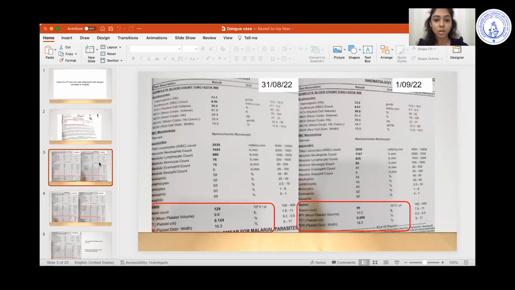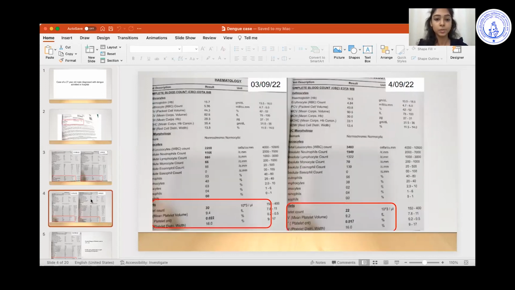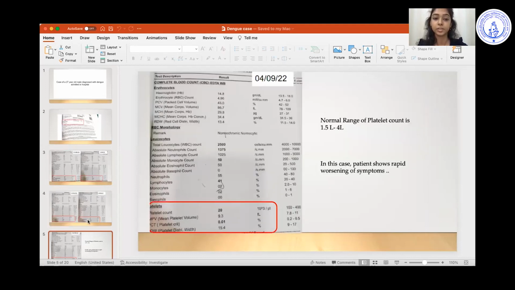On 31st August, his platelet count was 1,29,000, which dropped further to 96,000 on 1st September, and further to 30,000 on 3rd September. On 4th September morning, his platelet count was 22,000, and on the same day evening, it dropped to 20,000. So this was dropping very rapidly.